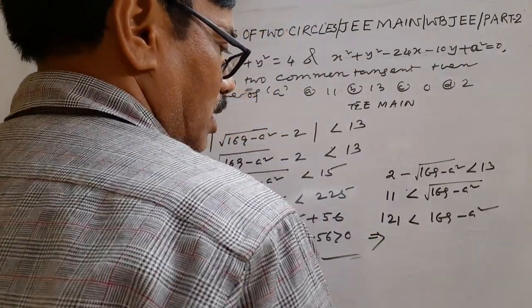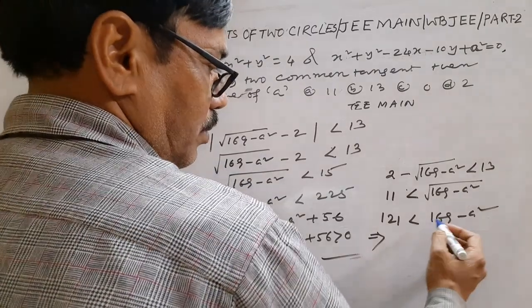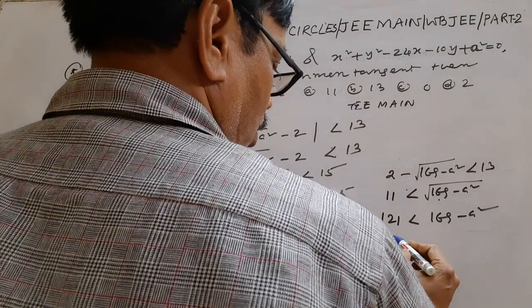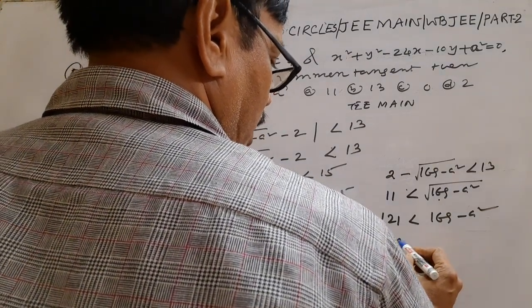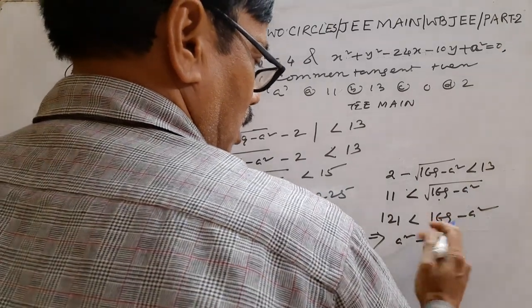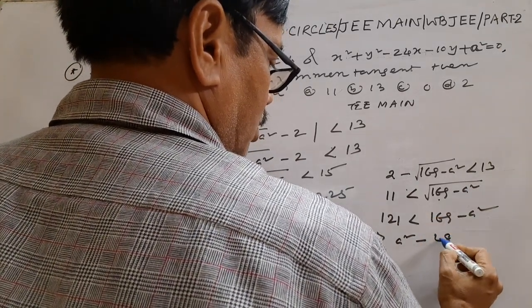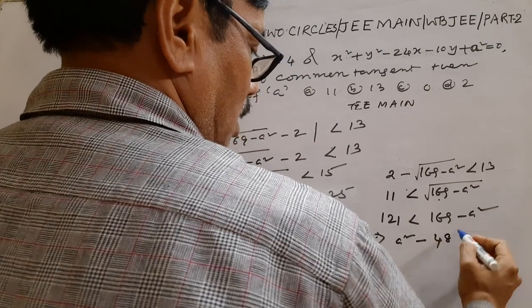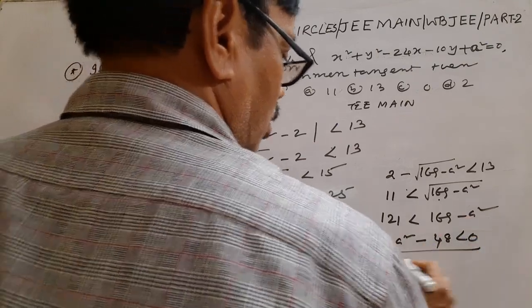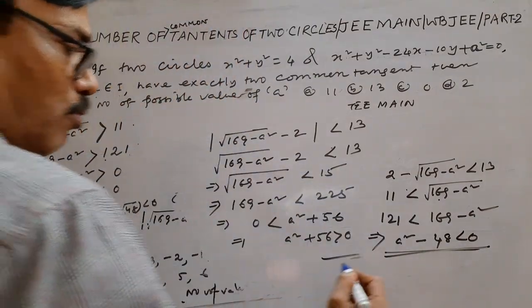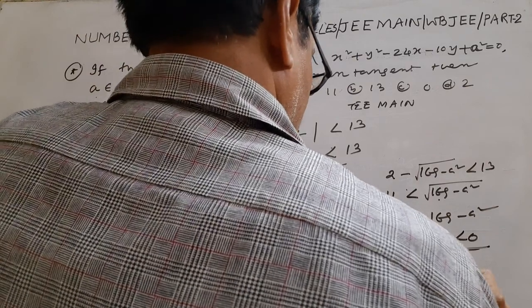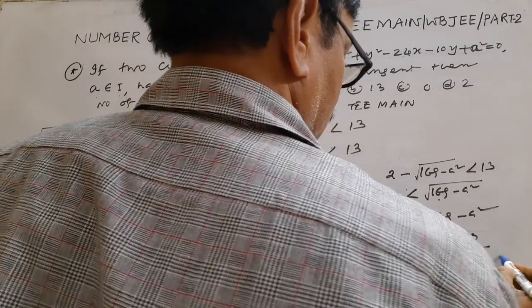So a square minus 48 less than 0. So we are getting the same condition, (a minus root 48)(a plus root 48) less than 0.